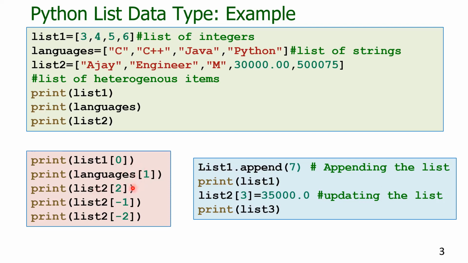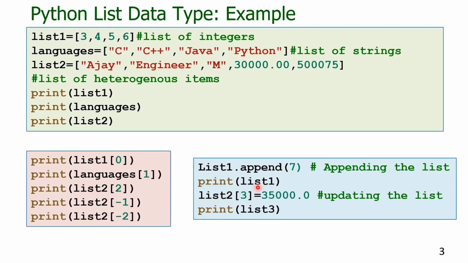All these three are using the positive indexing. List also supports negative indexing, where list 2 of -1 is returning the last element in the list. List 2 of -2 returns the last but one element in list 2. So the positive indexing traverses the list from left to right. On the other hand, negative indexing traverses the list from right to left.